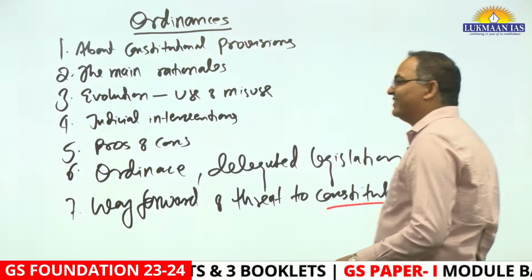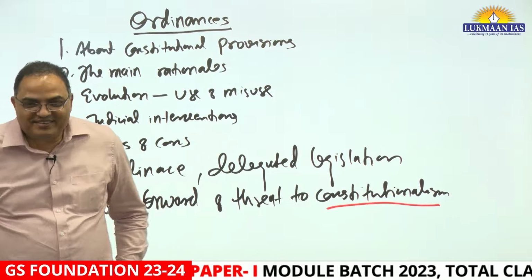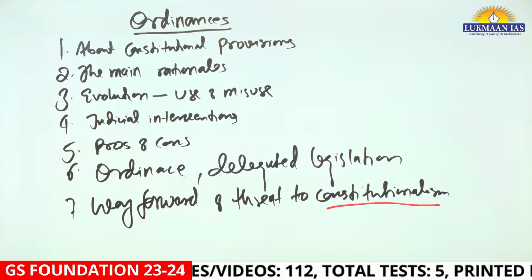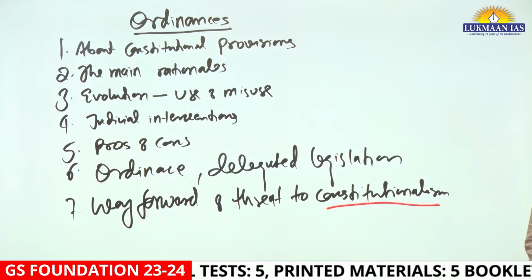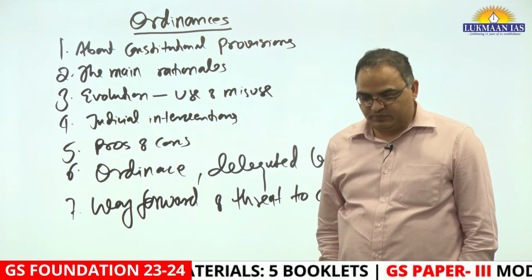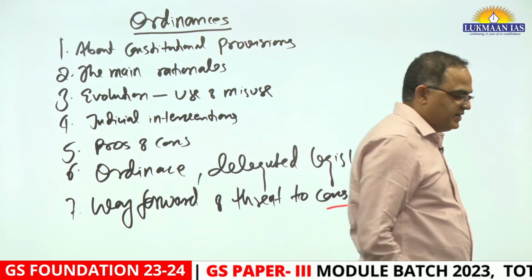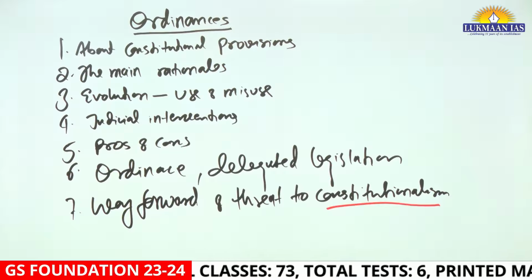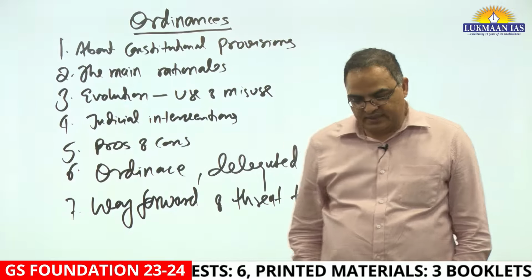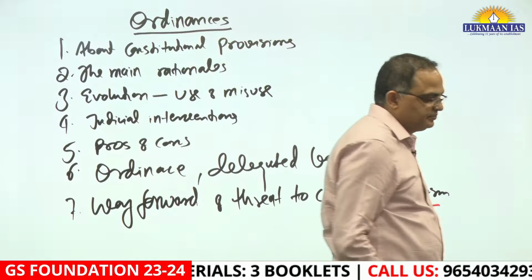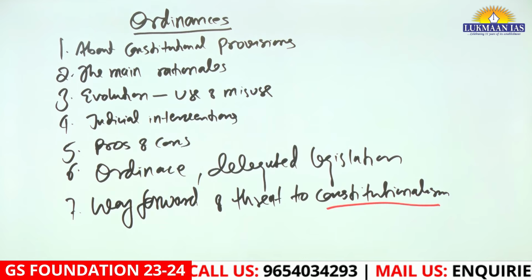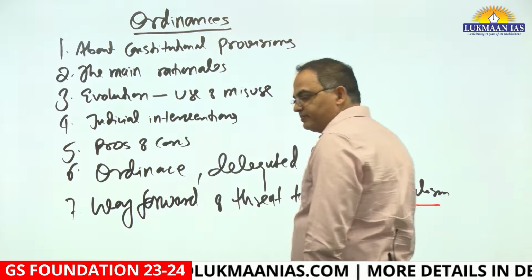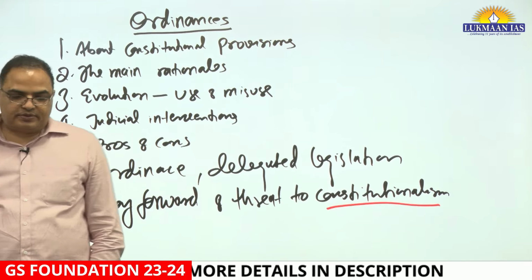So let's write. Articles 123 and 213 deal with the ordinance making powers of the executive at union and state level in extraordinary situations.